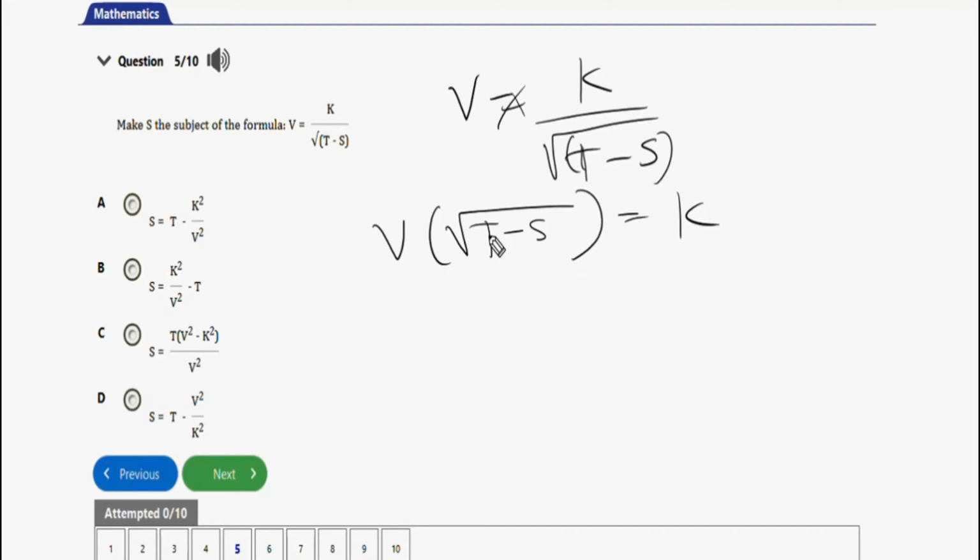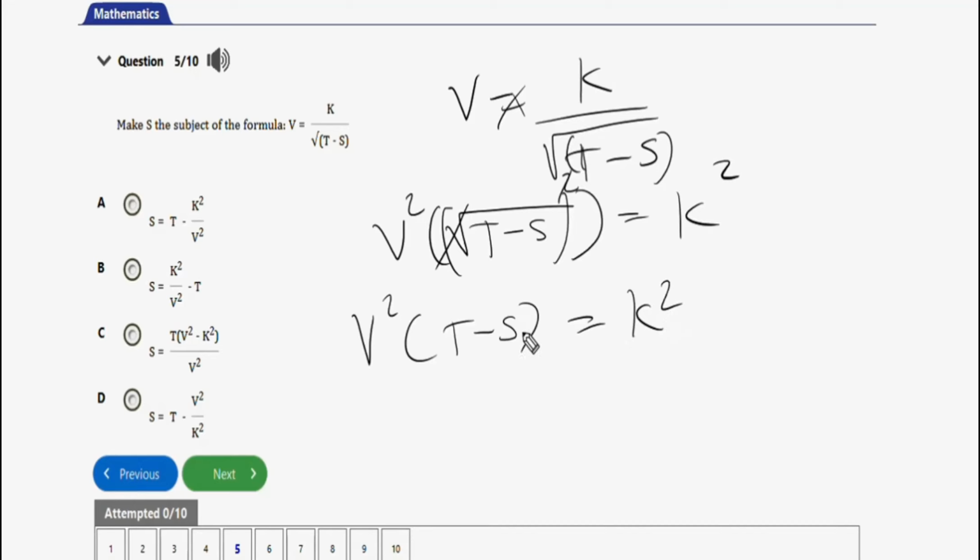Now we need to remove the square root here, and to remove the square root we need to square both sides. Put square here, here, and here. So this square cancels the square root, and we are left with v square times t minus x equals k square.